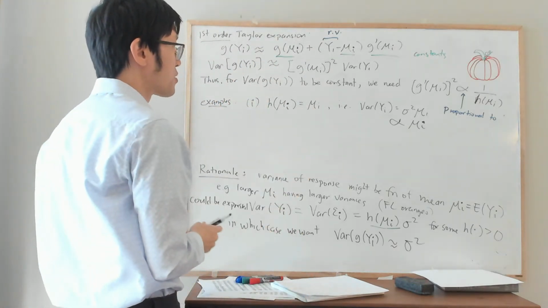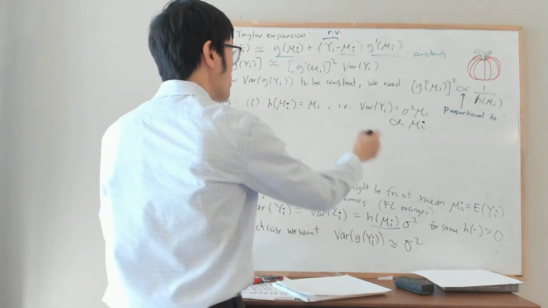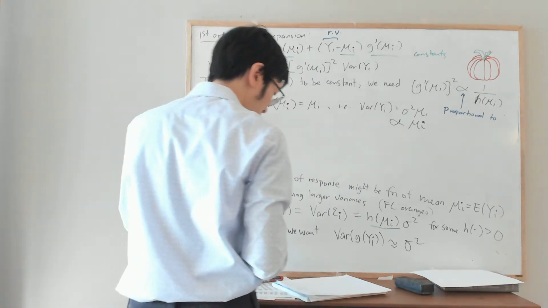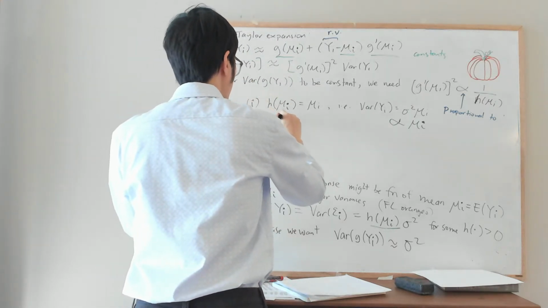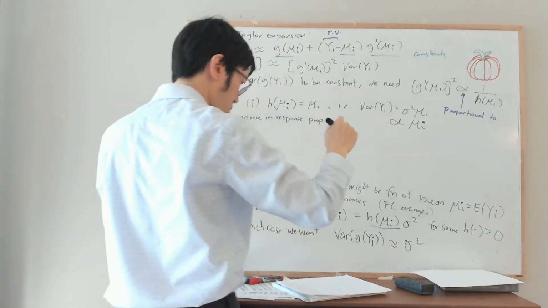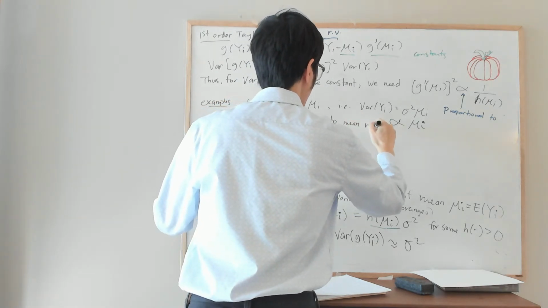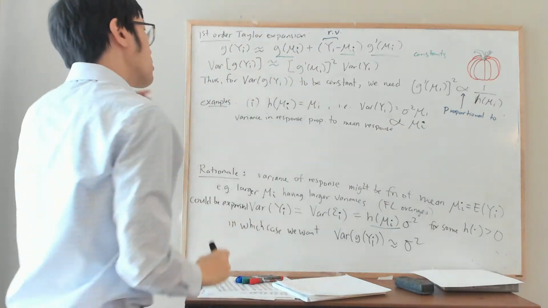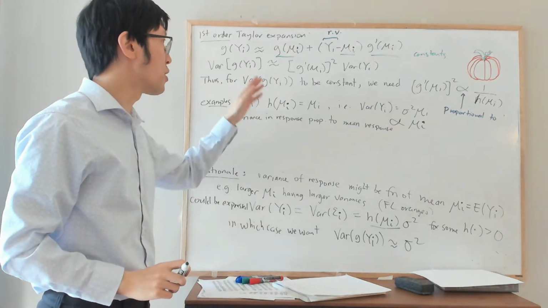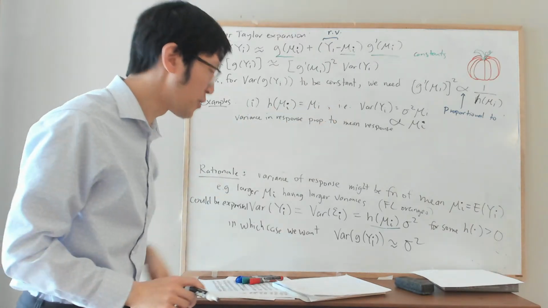Okay, so just to illustrate this idea, let's write this in words first. The variance in responses is proportional to the mean response. In this case, what would be the right transformation g on the responses to deal with this type of non-constant variance?